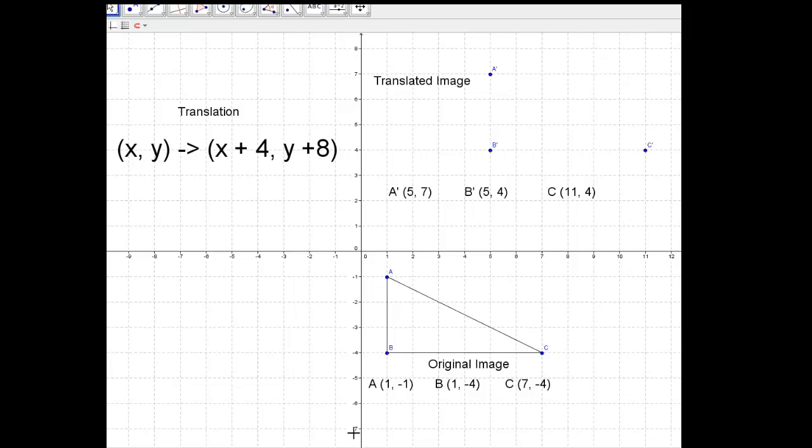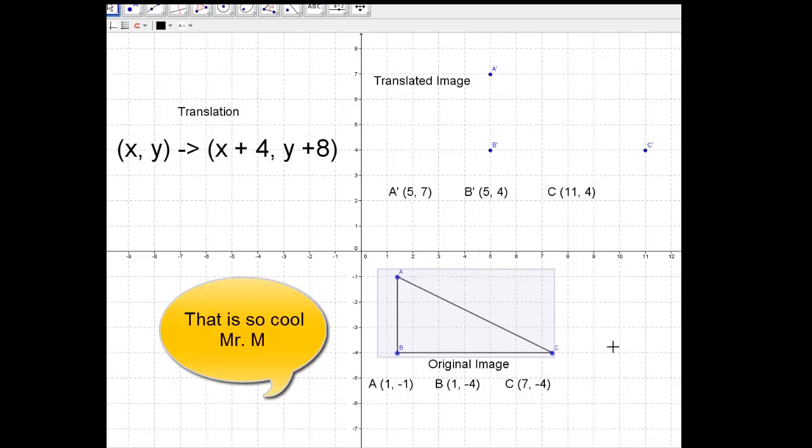And I've just changed into the graph mode here. I'm going to highlight the triangle that is drawn in quadrant 4, and we're going to move to the right 4 units, and then it's going to move up 8 units on the y.